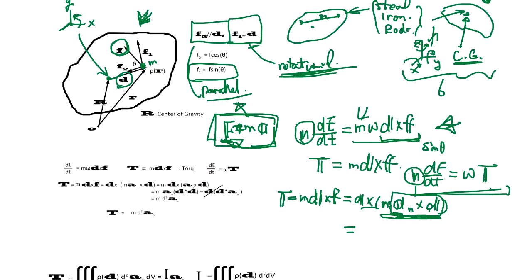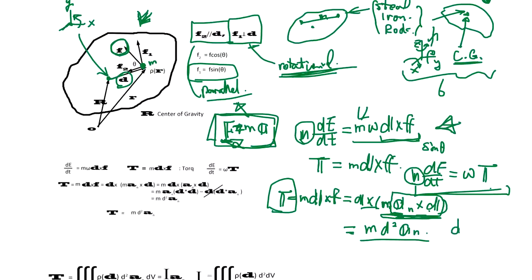So you go back to vector algebra and review that formula. We can expand this and end up with d squared times acceleration. So torque is md squared times acceleration.